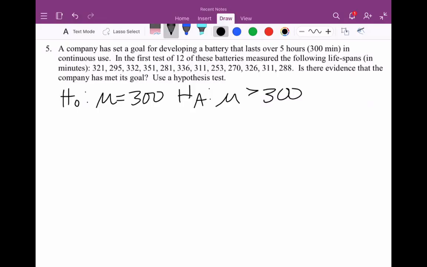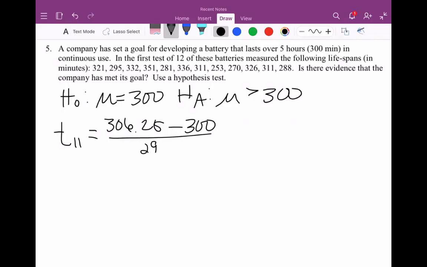Again, this is the same thing that we do to calculate the z-score. The t-score is calculated as t sub 11, because there are 11 degrees of freedom, one less than the sample size of 12, equals the sample mean, 306.25, minus your null hypothesis of 300, divided by the standard error, which is the standard deviation of the sample, 29.31, divided by the square root of n, which is 12.